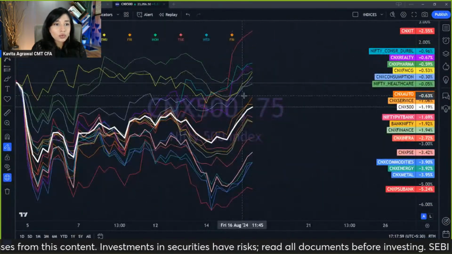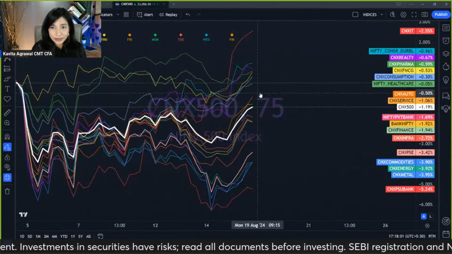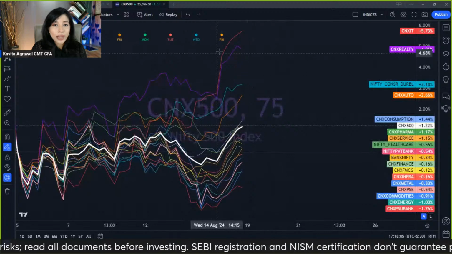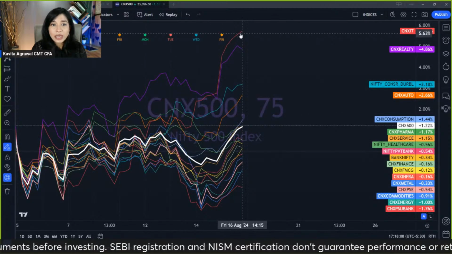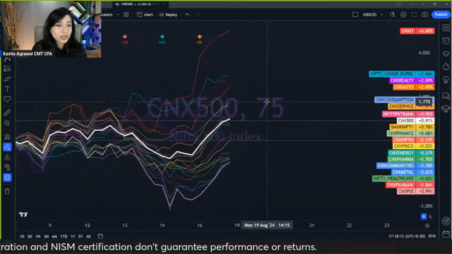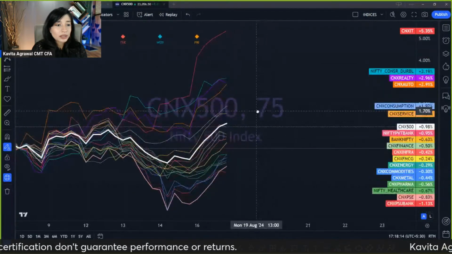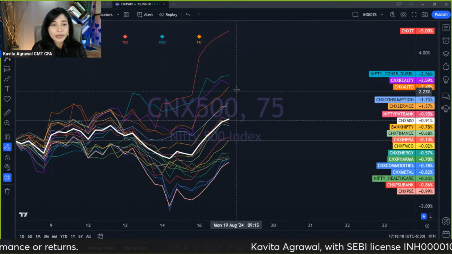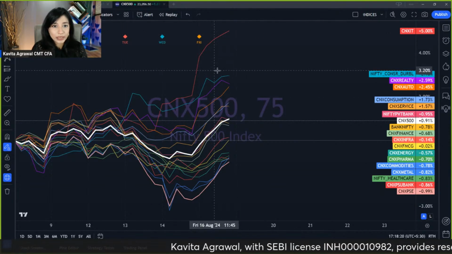Now, coming to our intersector chart, right? Now what I can see over here, so this is the CNX IT chart, and let's adjust this in this manner, right? So what I'm seeing is that CNX IT is outperforming the market, and I expect this outperformance to further continue.